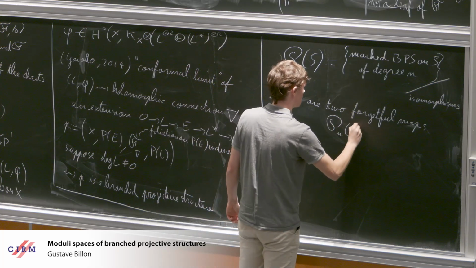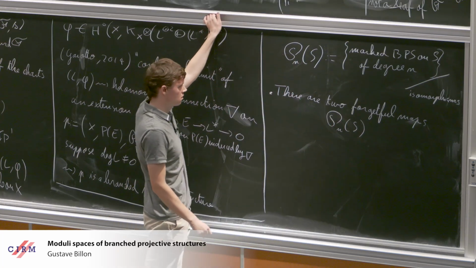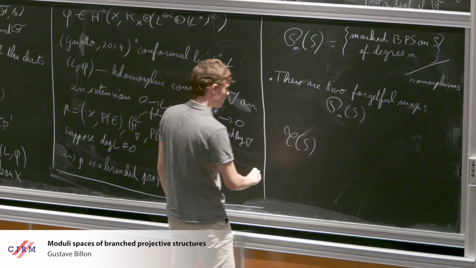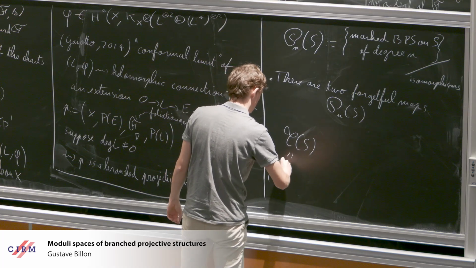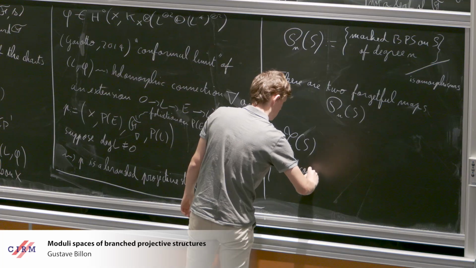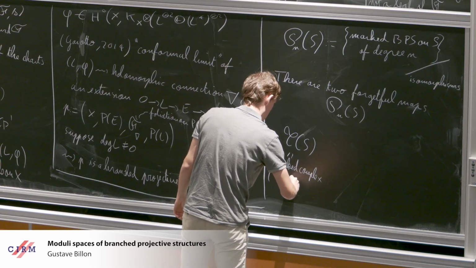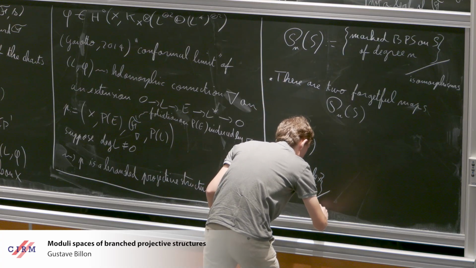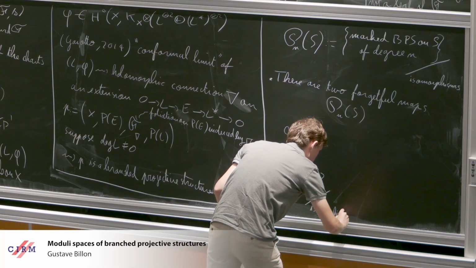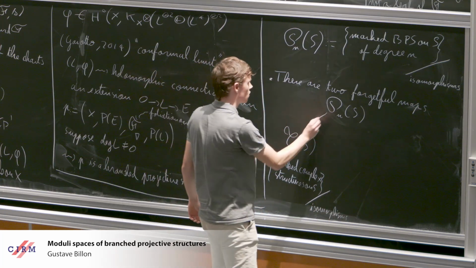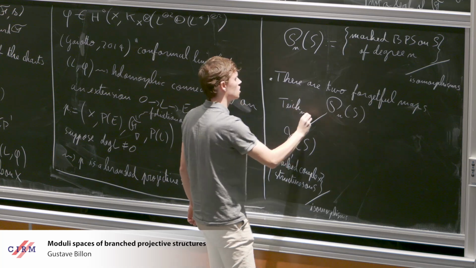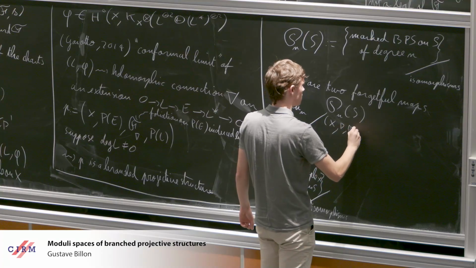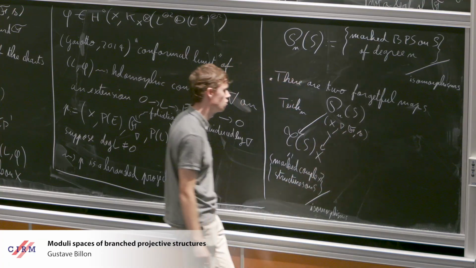The first one goes to the Teichmuller space T(S), so this is the space of marked complex structures on S. I write it Teich_n, and to a branched projective structure (X, P, F, S) it remembers only the Riemann surface X.